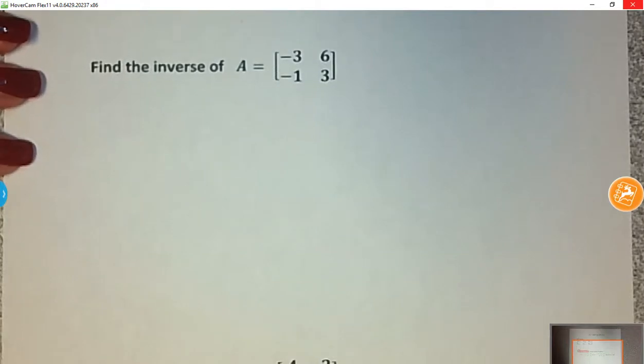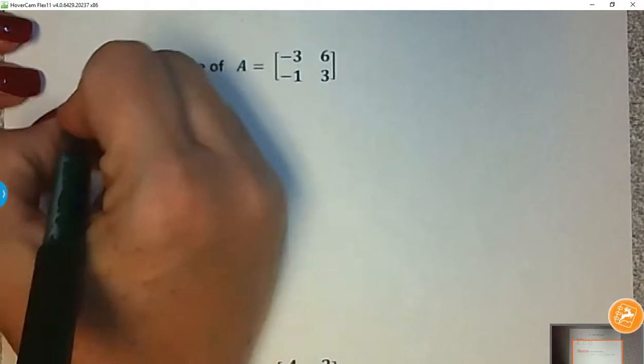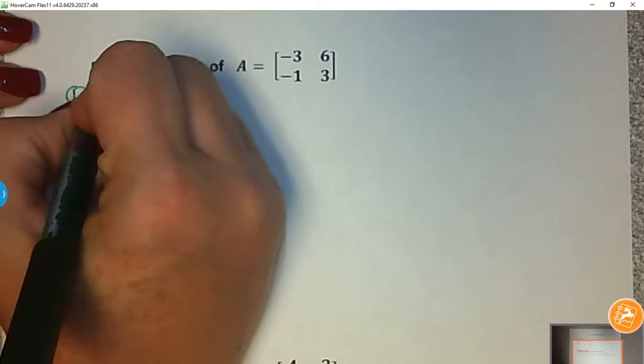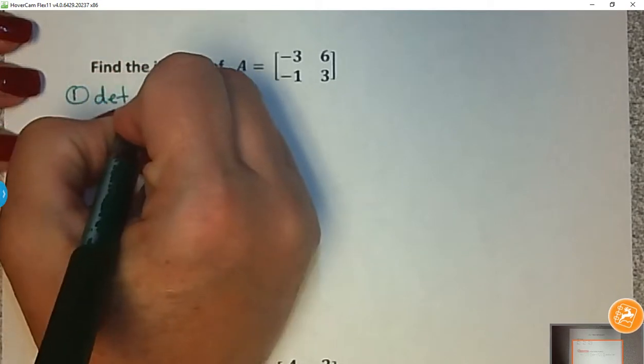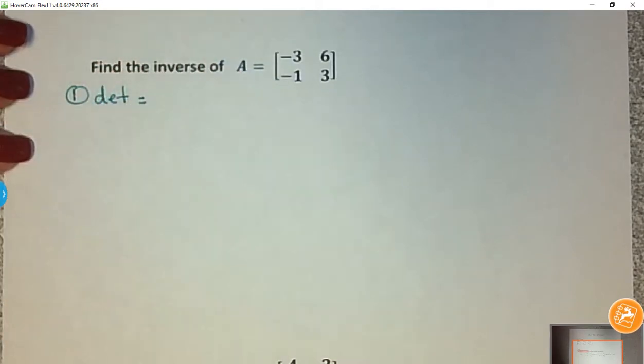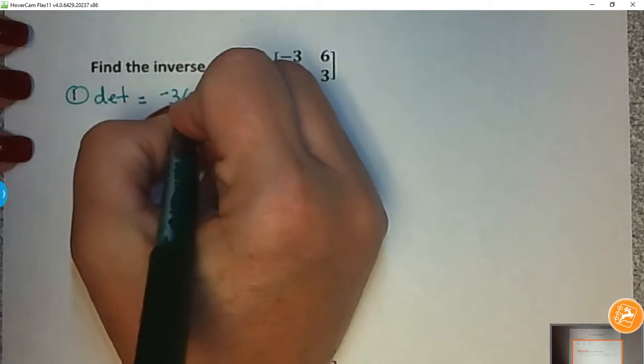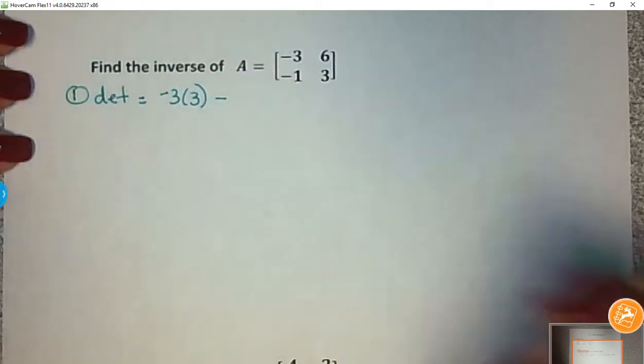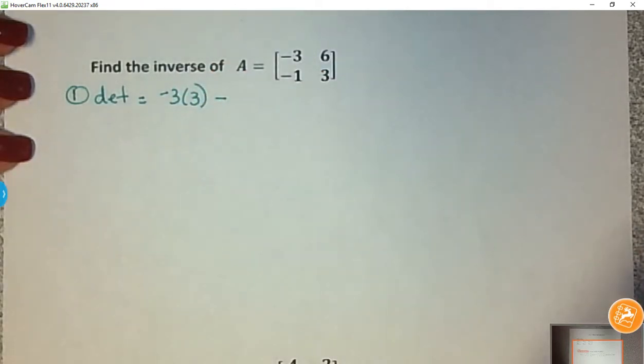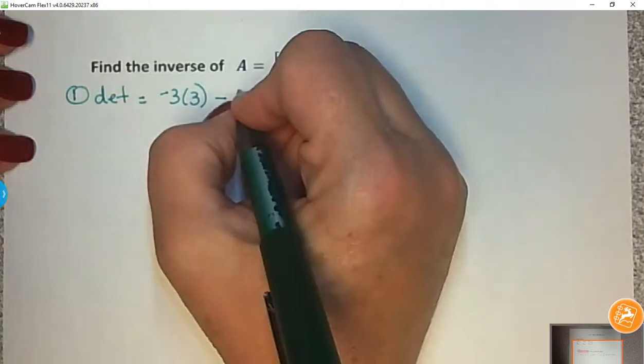All right, here, I want to find the inverse of matrix A. So the very first thing I'm going to do is find the determinant. So what do I multiply together first? -3 times 3. Minus, what do I multiply together now? -1 and 6.